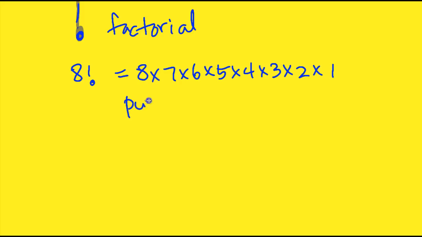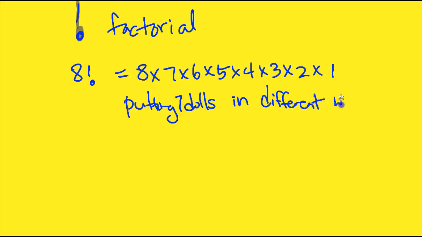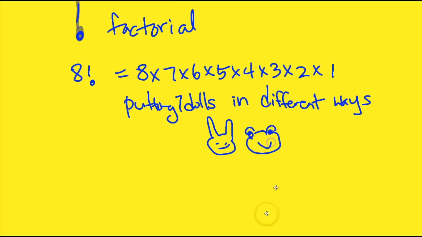It's like having 7 dolls and arranging them to make it look different. Obviously over here order does matter, right? Because the fact that the bunny is sitting next to the froggy is going to be a huge difference. I think I drew the froggy right. Anyhow, so 7 dolls, okay.